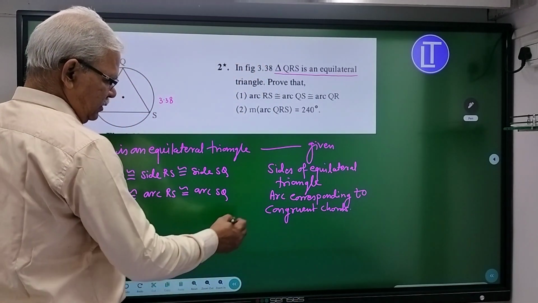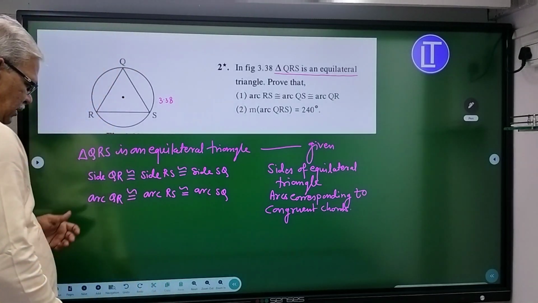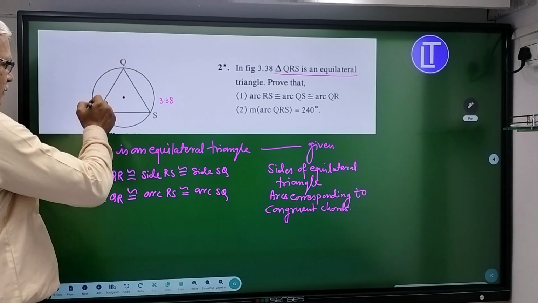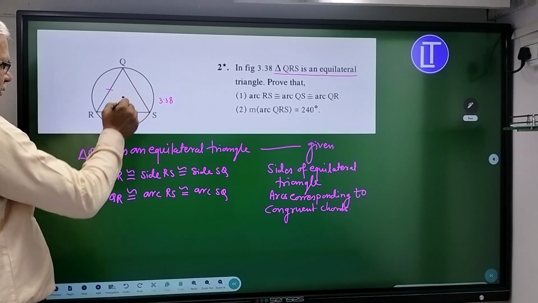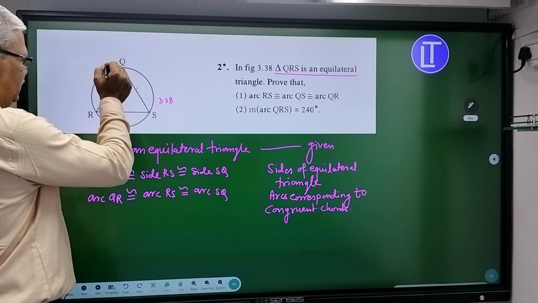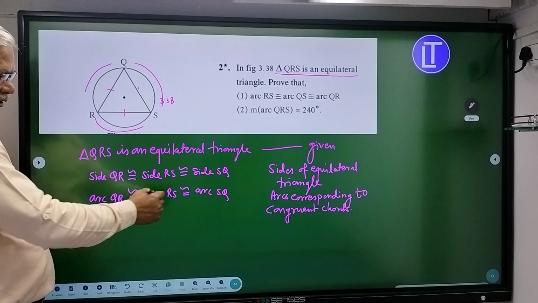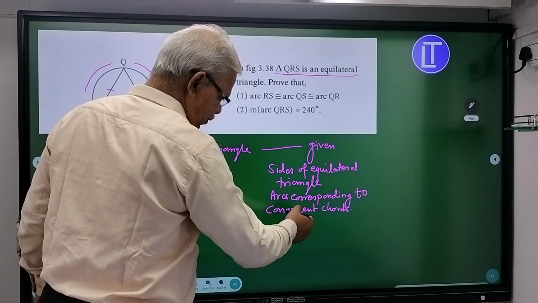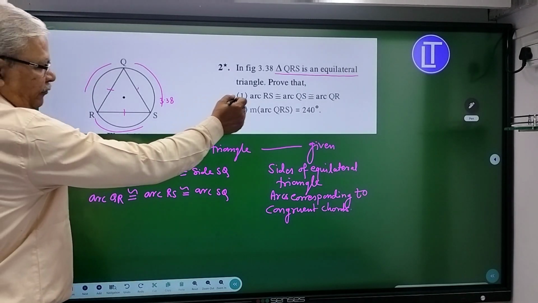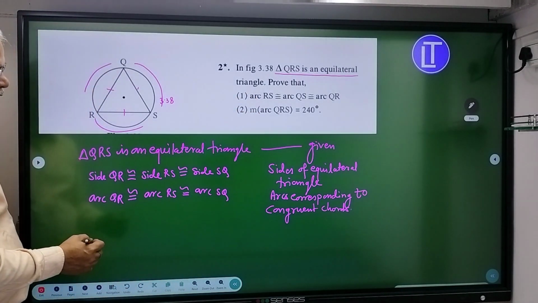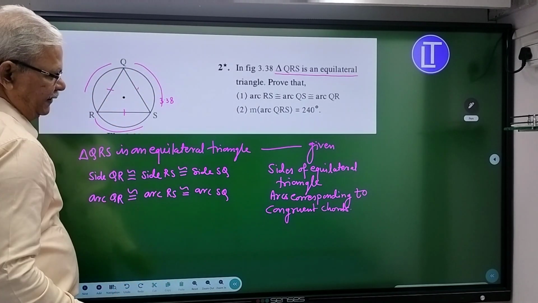Now see here, these sides are like the chords of the circle. Okay, therefore these arcs, this arc, this one, and this one, are congruent arcs corresponding to congruent chords. Okay. First proof.